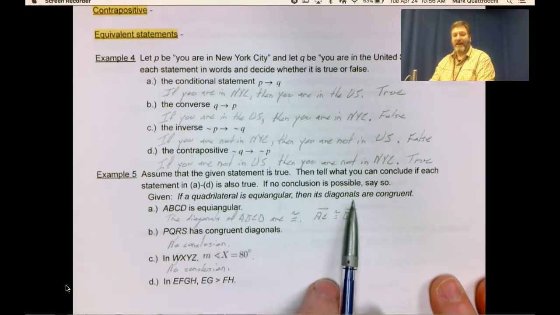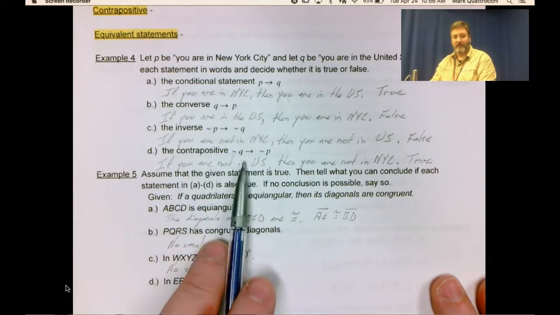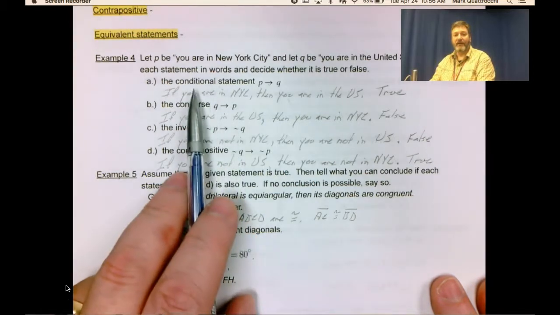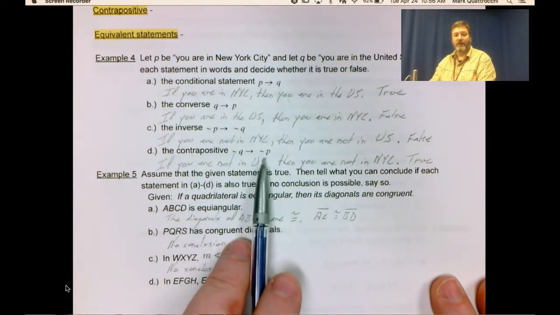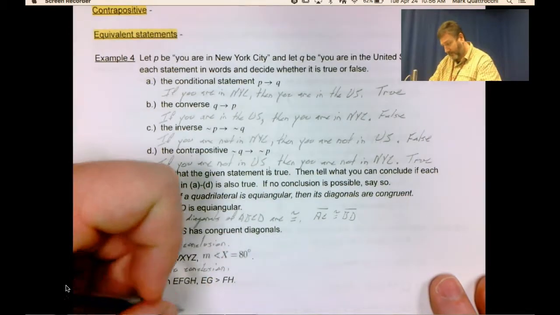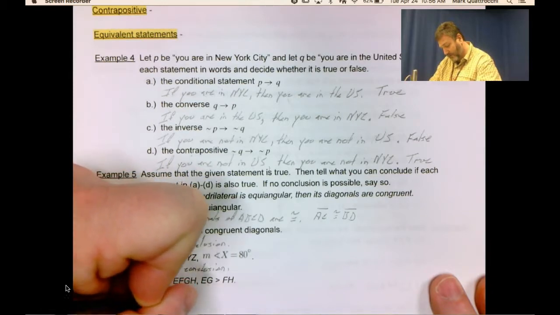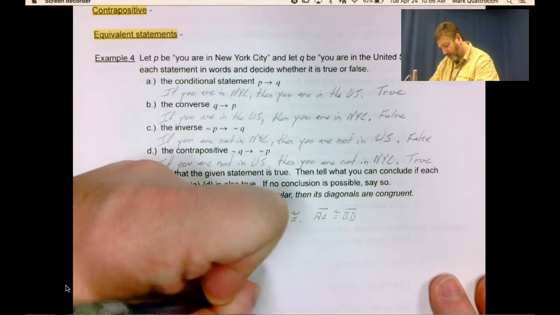Well, now that I've negated the conclusion and I'm concluding that that's true, because the contrapositive, not Q implies not P, has to have the same truth value as the conditional statement, then I can conclude not P must be true. So I can conclude EFGH is not equiangular.